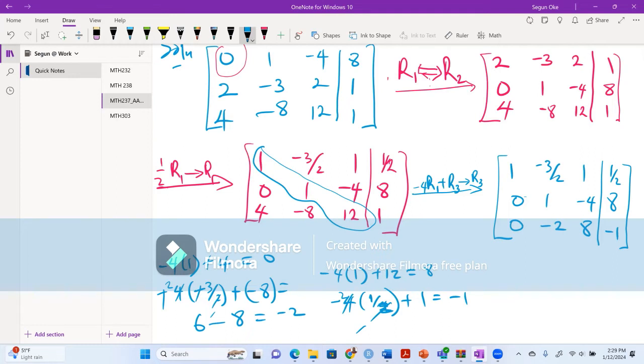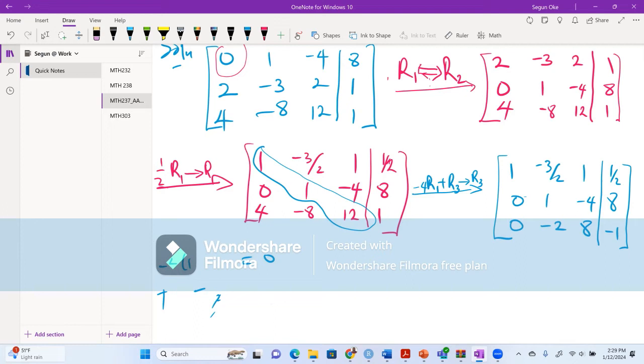So what do we need to do at this point? Remember, we need to have 1 on the diagonal. How do we achieve that? But not all the time, like I told you; at times some systems might not obey it.